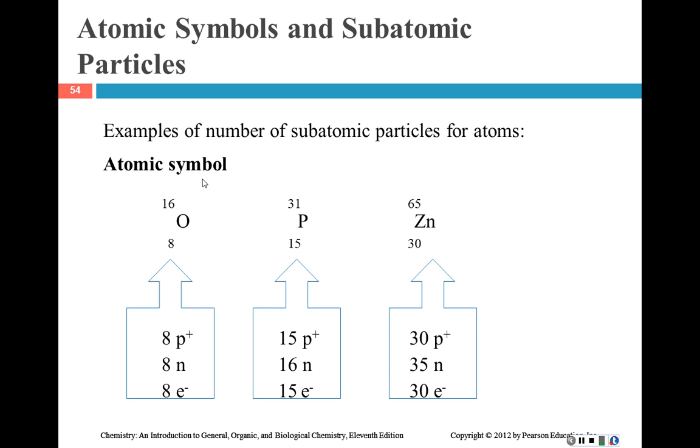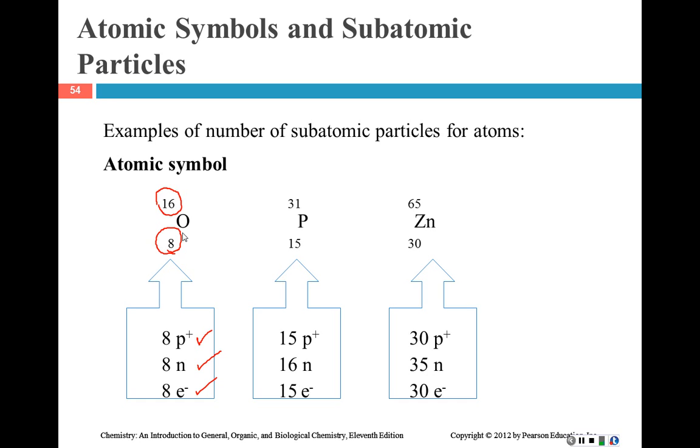So if we look at how we write these atomic symbols, if we have oxygen, the atomic number is 8, its mass is 16, so we write oxygen with the 8 below and the 16 above to the left. That tells me I've got 8 protons, 8 neutrons, and 8 electrons.